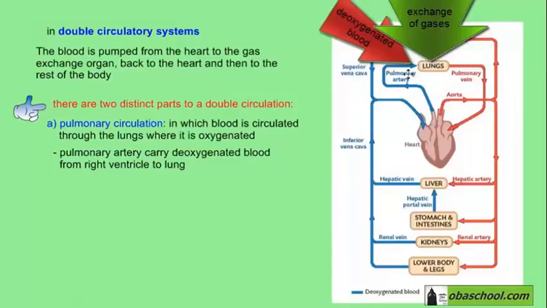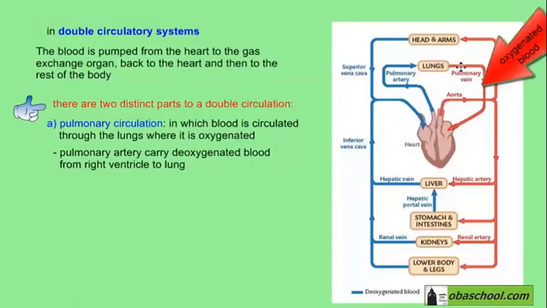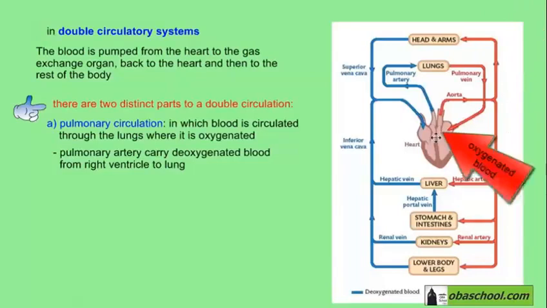Oxygen enters the blood, which will be enriched with oxygen, and carbon dioxide will leave the blood to the lungs, and so the deoxygenated blood becomes oxygenated blood at the level of the lungs. Then the pulmonary vein will carry this oxygenated blood back to the heart, and specifically to the left auricle of the heart.